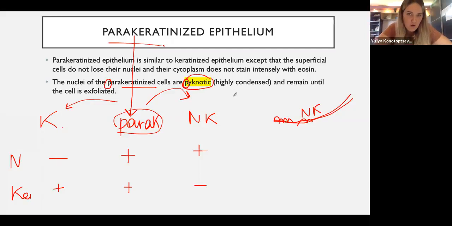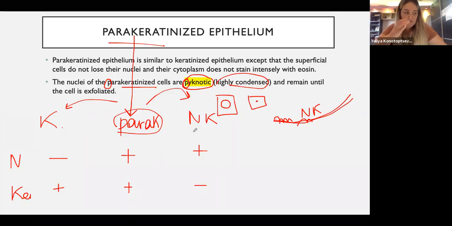So if you draw a cell, you always draw the nucleus as a big structure, very spread out, very light, and so on. Pycnotic nucleus looks like this. A little tiny black dot. It's still a nucleus, but it's not the same nucleus as we see in other cells. So pycnotic nucleus is a highly condensed nucleus.